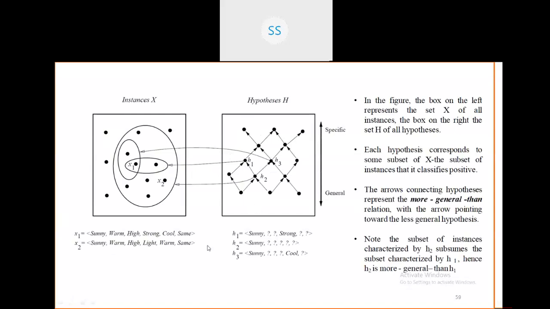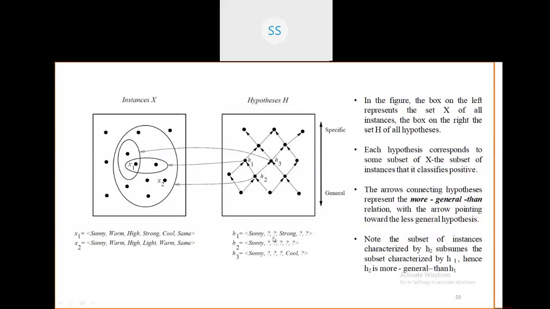So look at the example here. We have instances x1, x2, and so on. X1 is sunny, warm, high, strong, cool, and same. X2 is sunny, warm, high, light, warm, and same.